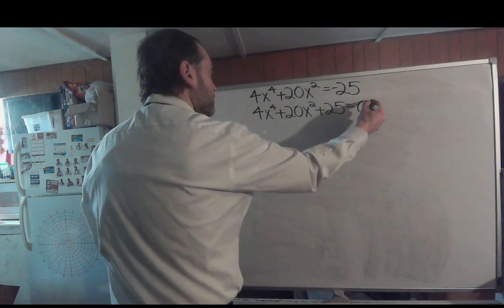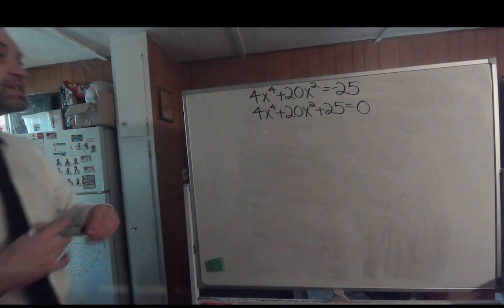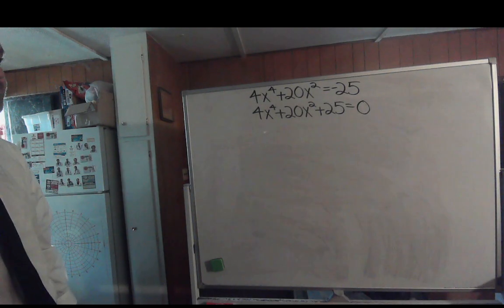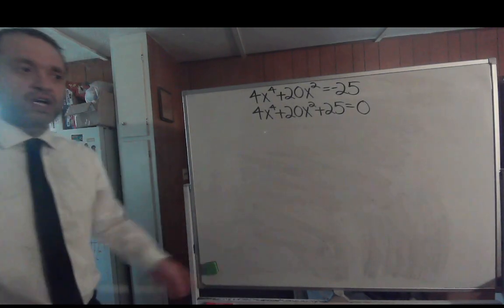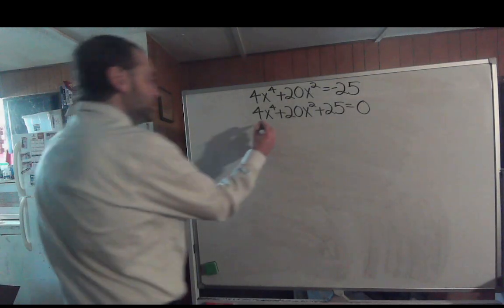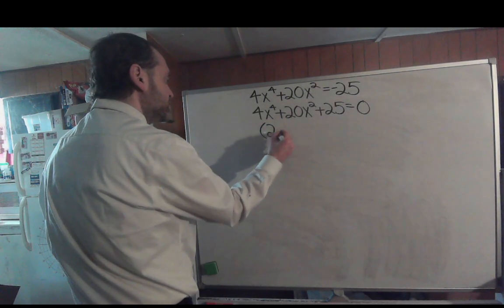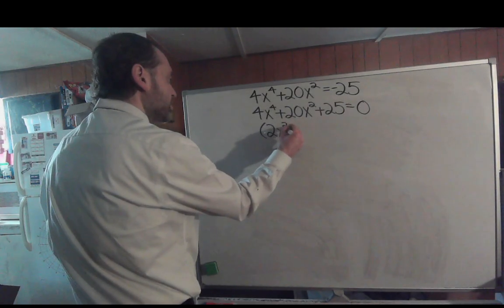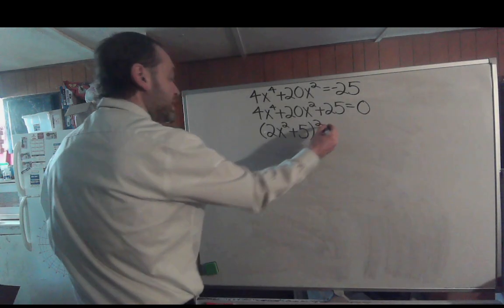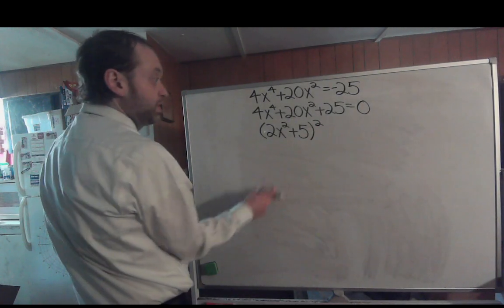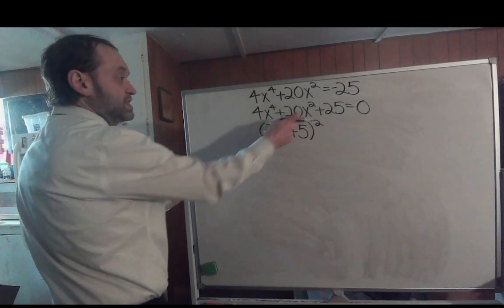And you can treat this as almost quadratic. If we look at this, this actually looks almost like a perfect square trinomial, right? This would factor into the quantity of 2x squared plus 5, that quantity squared. And if you expanded it out, you would end up getting this exact thing here.